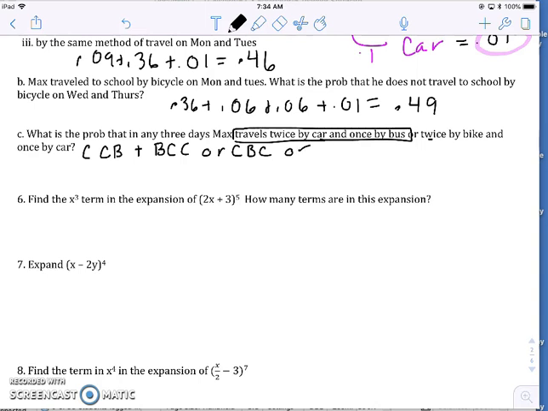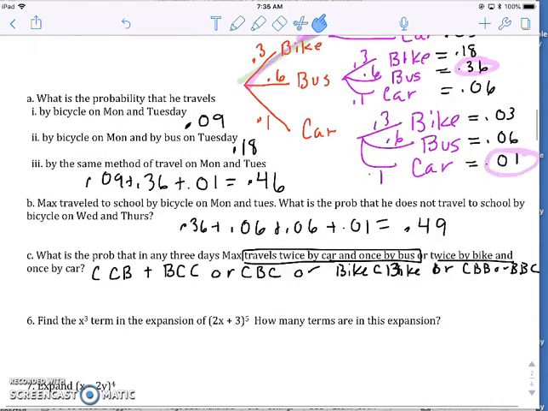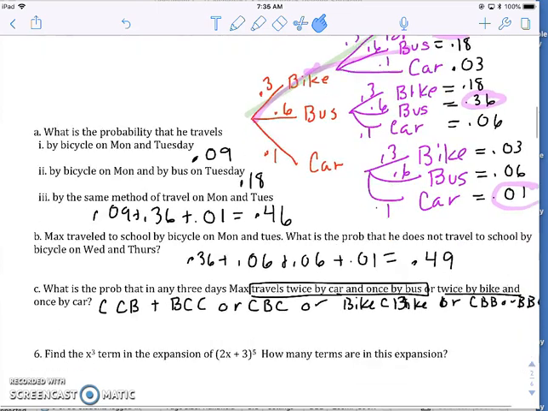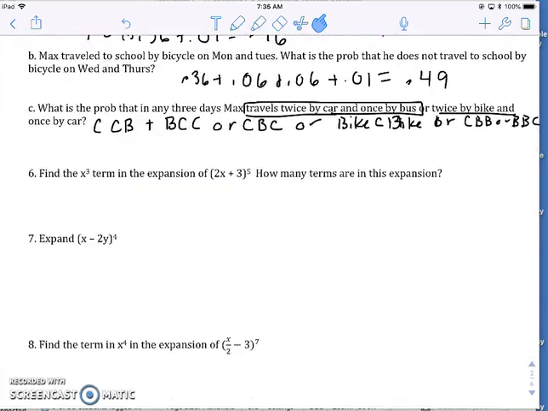Or the second one, twice by bike and once by car. So bike, car, bike, or car, bike, bike, or bike, bike, car. Well, what's the probability by car? It's 0.1.